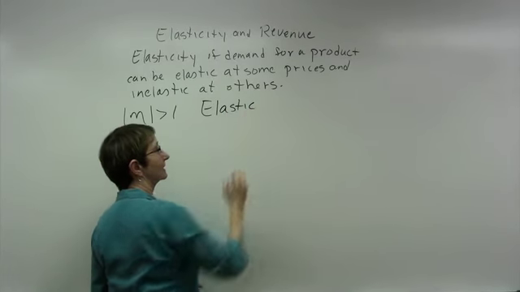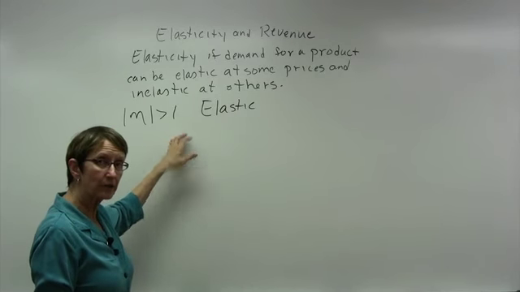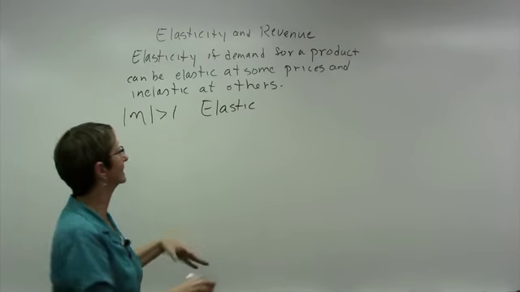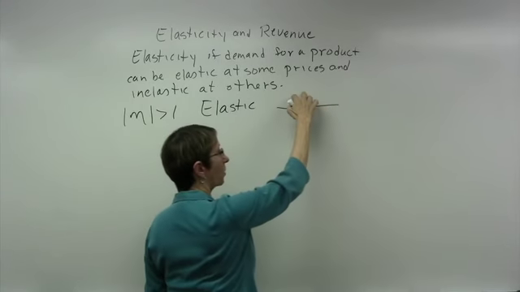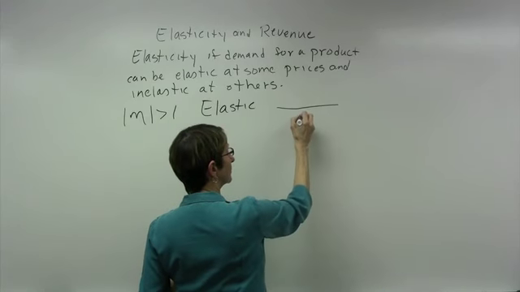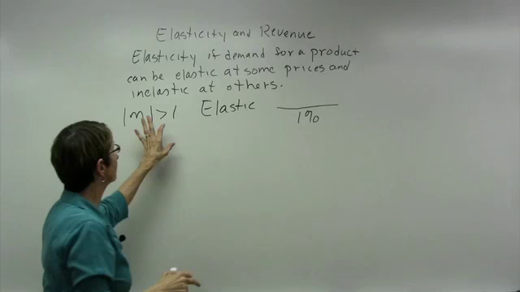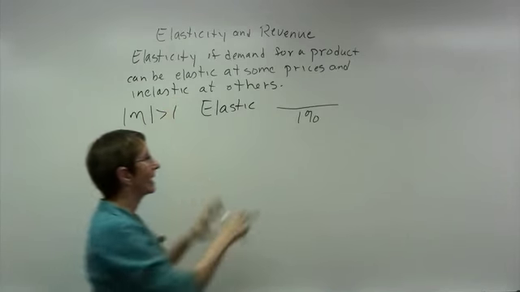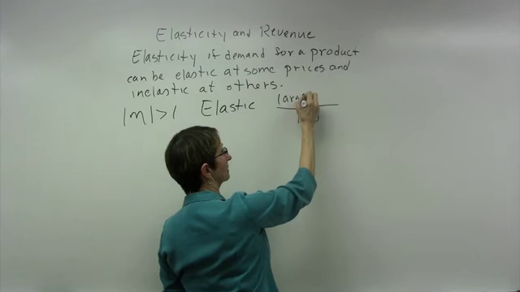So let's think in terms of our fraction meaning for elasticity. Eta is percent change in quantity demanded over percent change in price. Let's say the price changes 1%. And to get a fraction greater than 1, that means the numerator has to be larger than 1%.